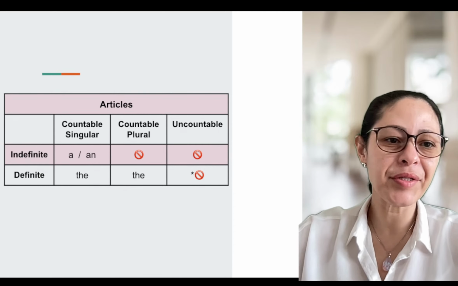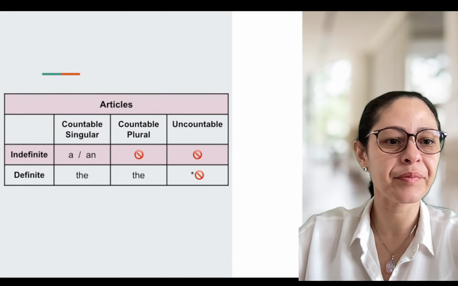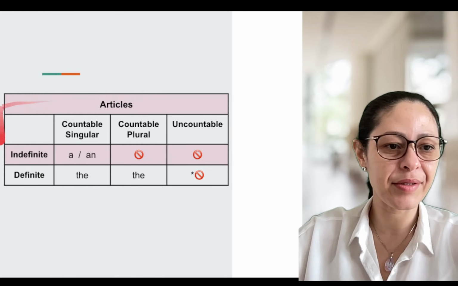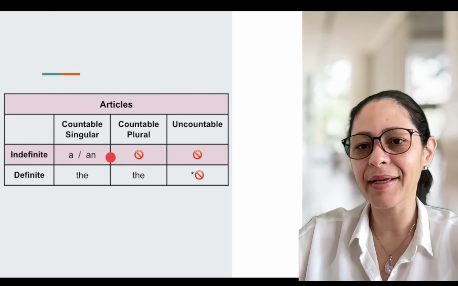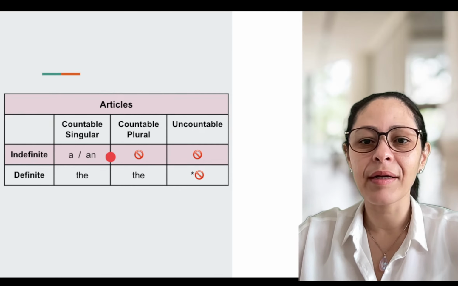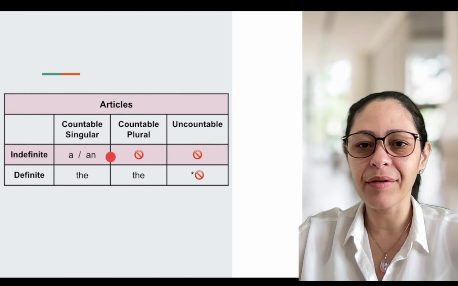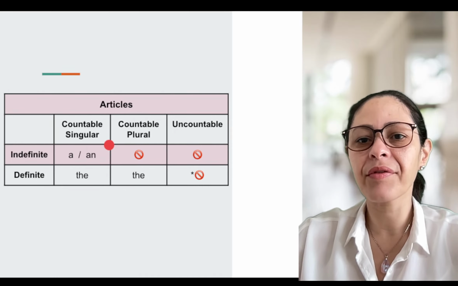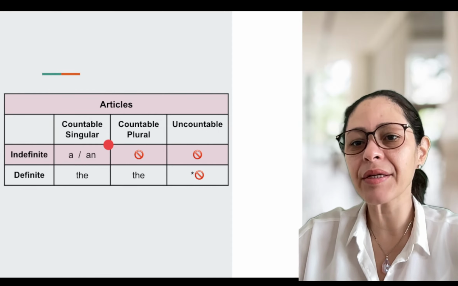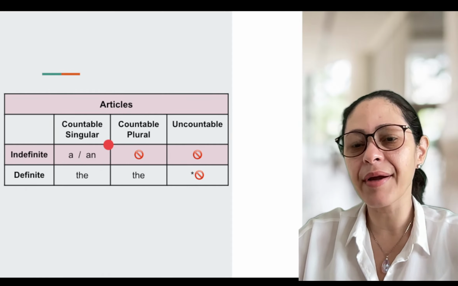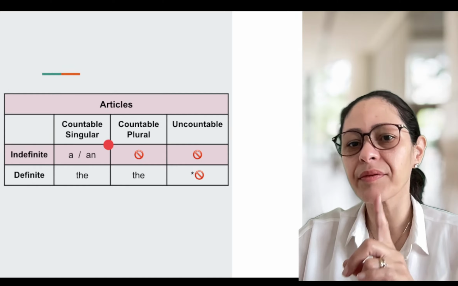Okay, so I'm going to give you an overall on articles. We're going to start with the indefinite articles, which are a and an. The indefinite articles, we use them with countable nouns in the singular form, because a or an mean one of something.